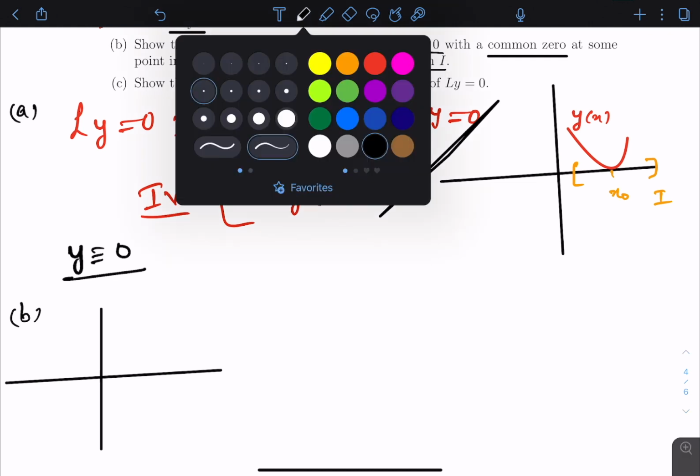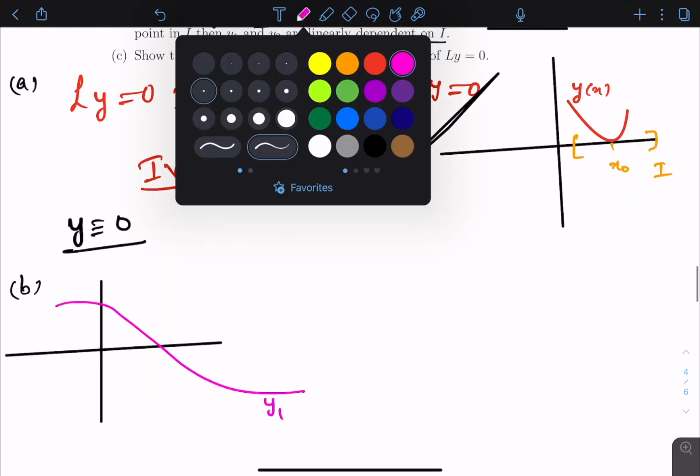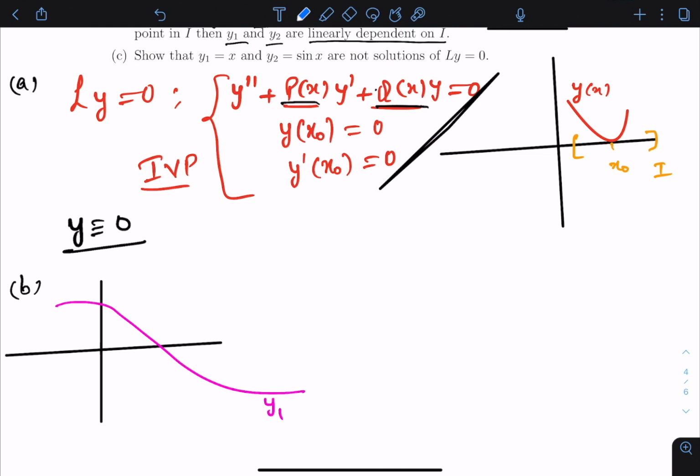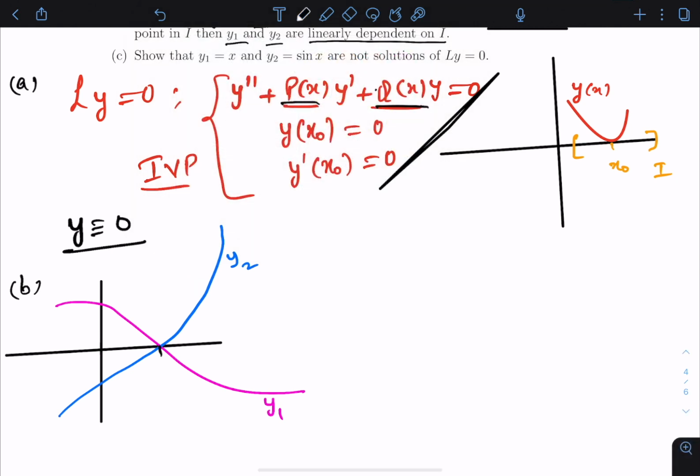So let's say this is solution y1, and let's say this is your solution y2, and this is your point at which they have a common 0. Let's call it x0, for instance.